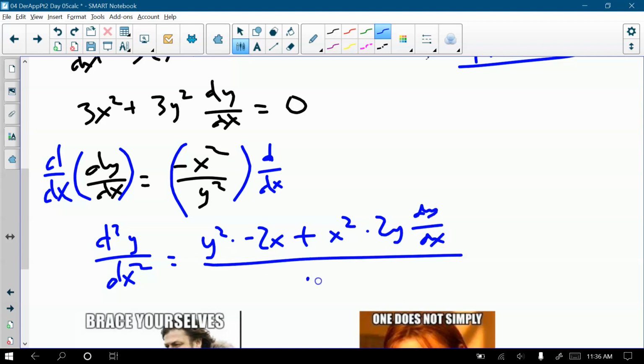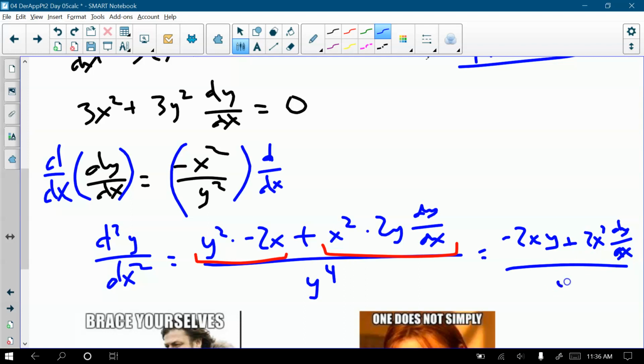Okay, all divided by y to the fourth. Now, I can rubber band this, if you know that term, because each of these terms has a y in it. So I could actually rewrite this as y, negative 2xy, just one y there, plus 2x squared dy dx over y cubed.